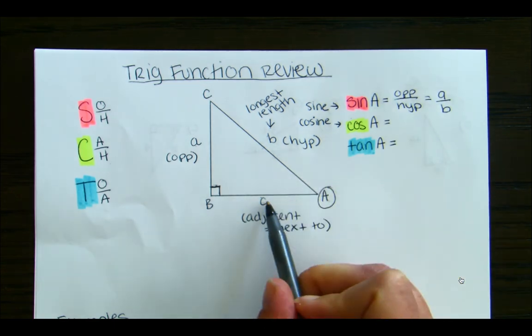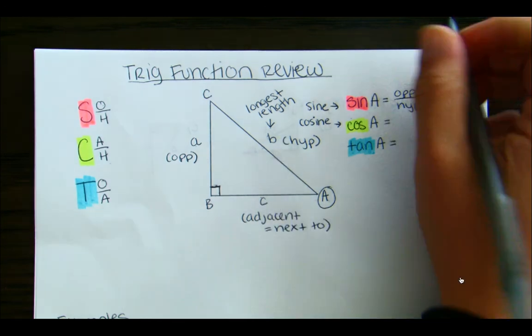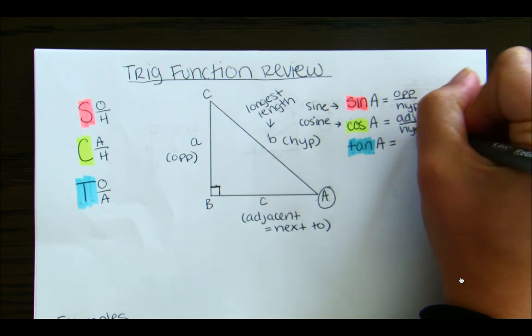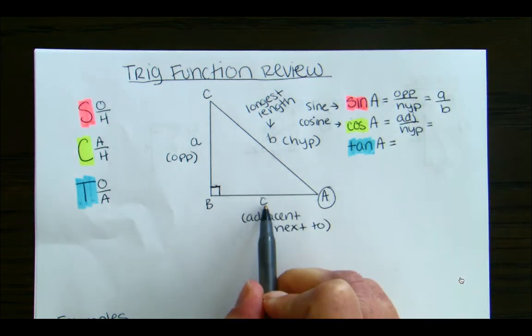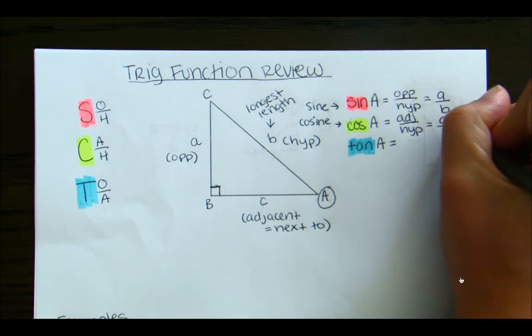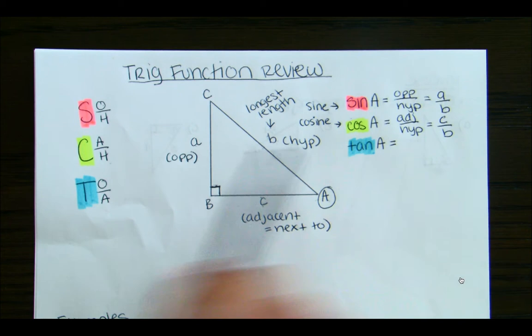So if I'm looking at my adjacent over my hypotenuse, I end up with C over B. And again, notice that B for both of these values is going to be our longest length. So our longest length will always be on the bottom for sine and cosine.